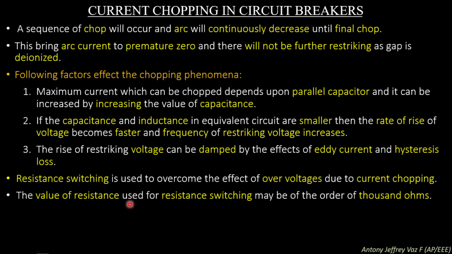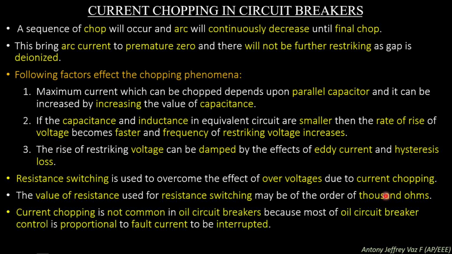The value of resistance used for resistance switching may be of the order of 1000 ohms. So the resistance to be connected across the capacitance or across the circuit breaker contacts will be of the order of 1000 ohms.